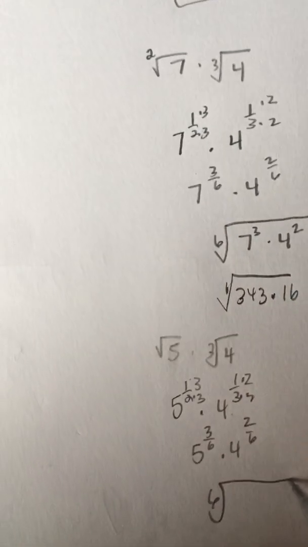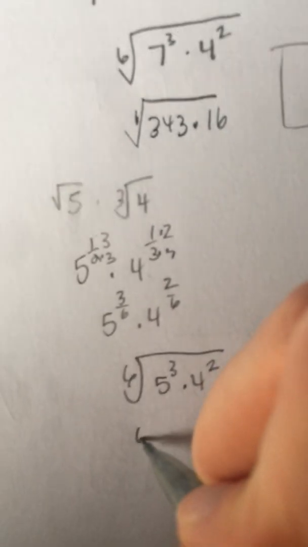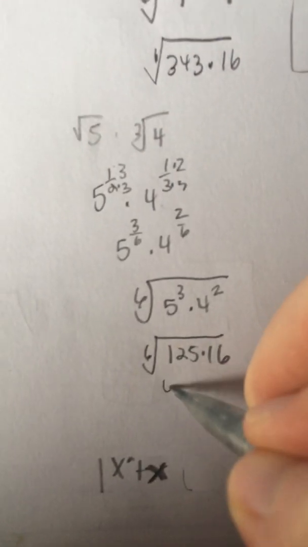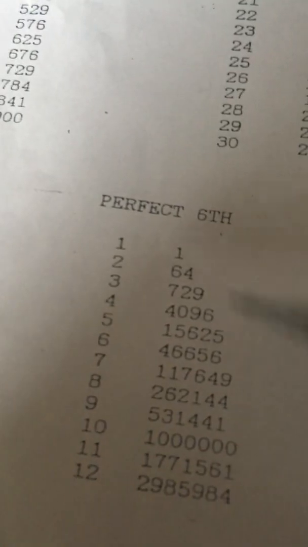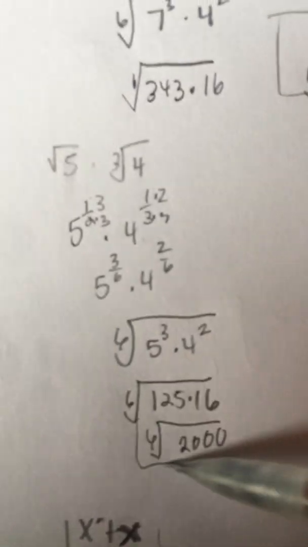Now these both can go under the 6th root, and I get 5 cubed and 4 squared. 5 cubed is 125. 6th root of 125 times 16. 125 times 16 is 2,000. 6th root of 2,000. And you can go to your perfect 6 and try to find and see, but none of these are going to go into 2,000 evenly. So that becomes your final answer.